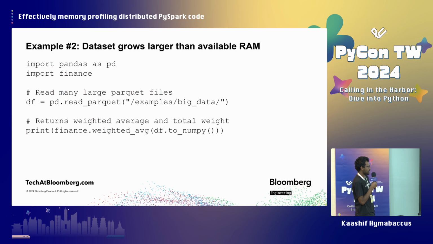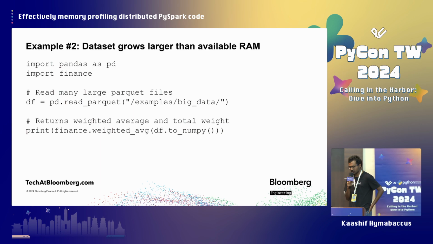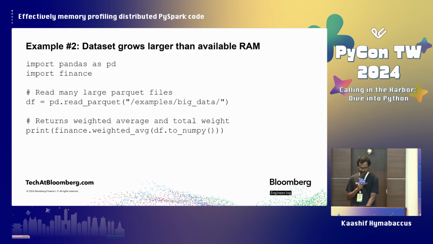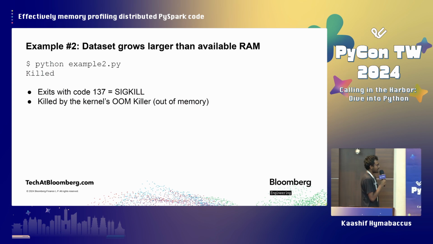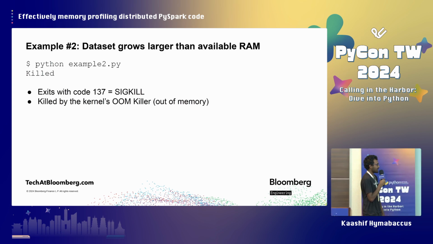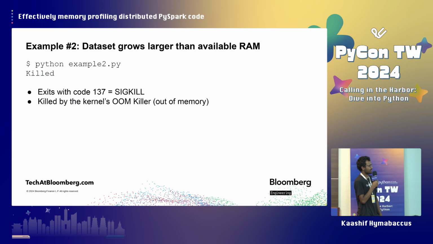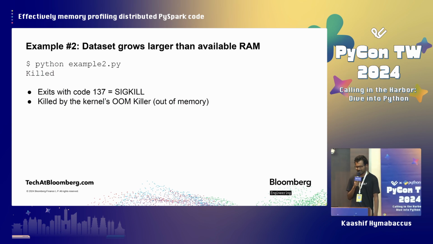So what you can do is try to read that Parquet file and do exactly the same thing as before, and let's see what happens. You try to run it, and the Linux kernel out of memory killer kills the process. Because it's much larger than your memory, of course this can't work, right?